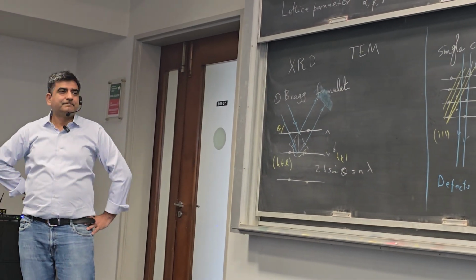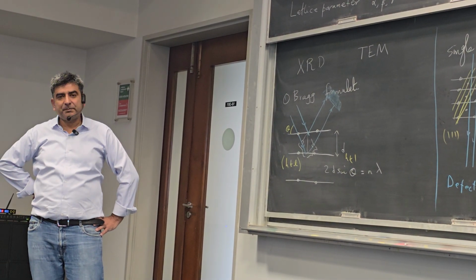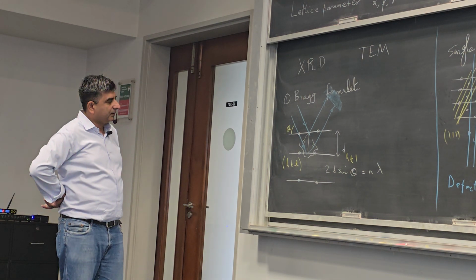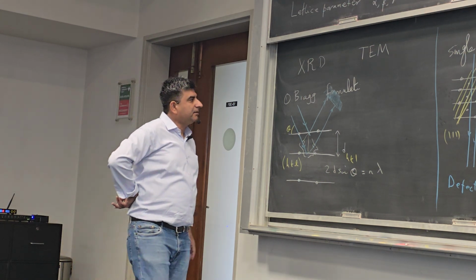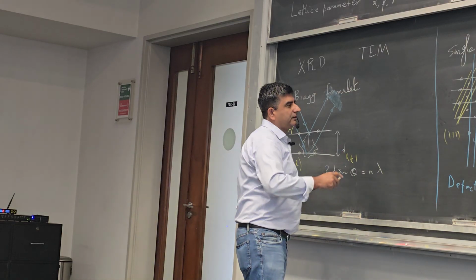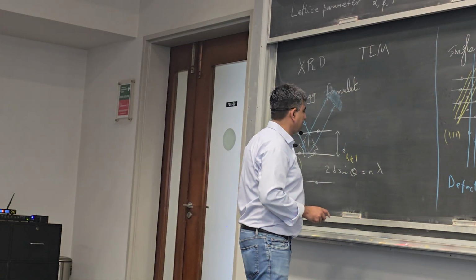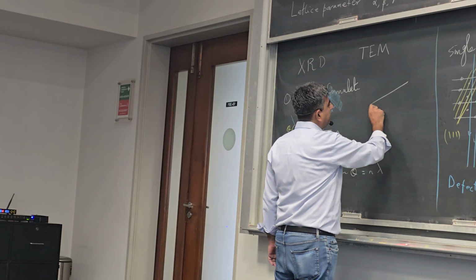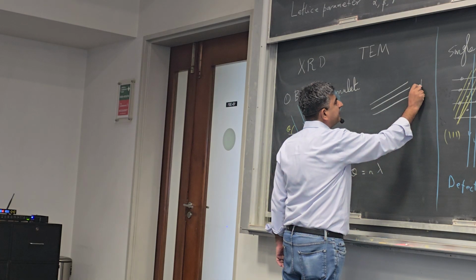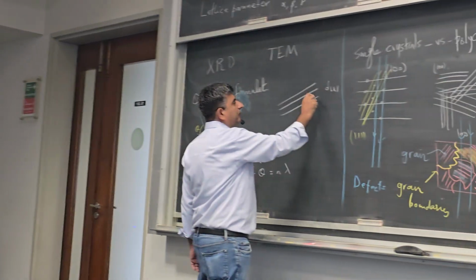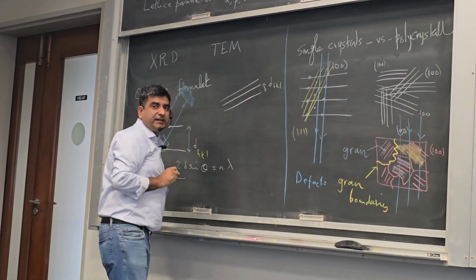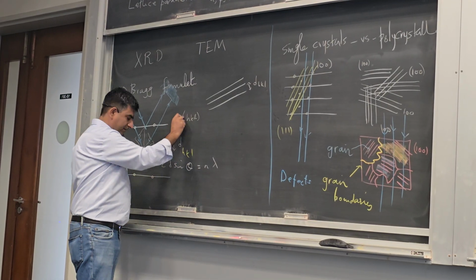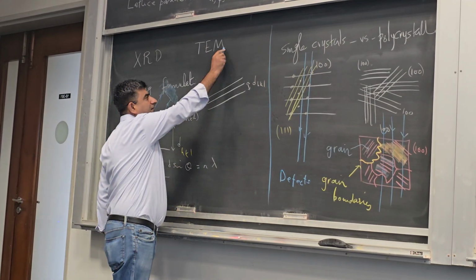Okay, so let me give an example for this. So suppose I have some spacing between planes. So this is some plane spacing, interplanar spacing d_hkl, and these are hkl planes. Now suppose X-rays come in.